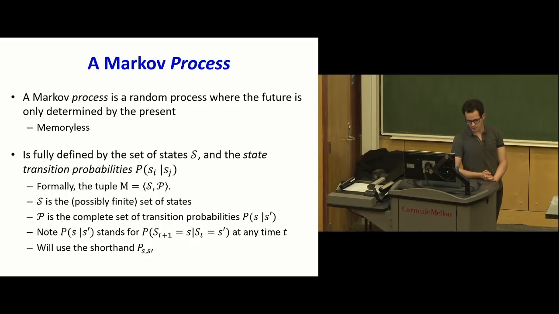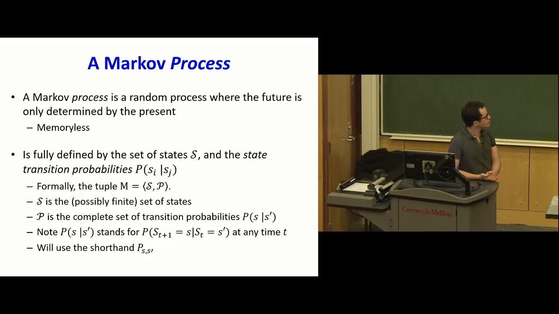A Markov process is a random process where the future is determined by the present. If you formalize it, what you need is a set of states that you're calling S, capital S, and you've got transition probabilities from one state to the other.